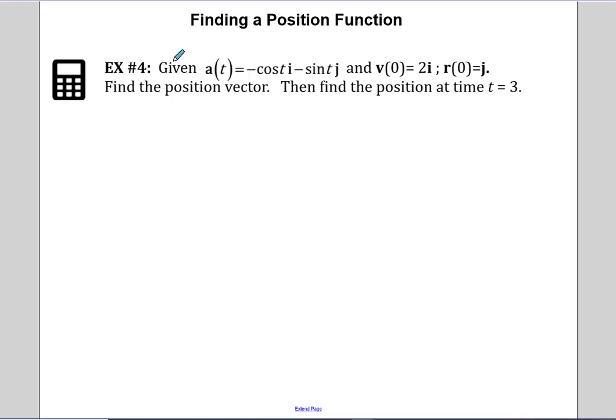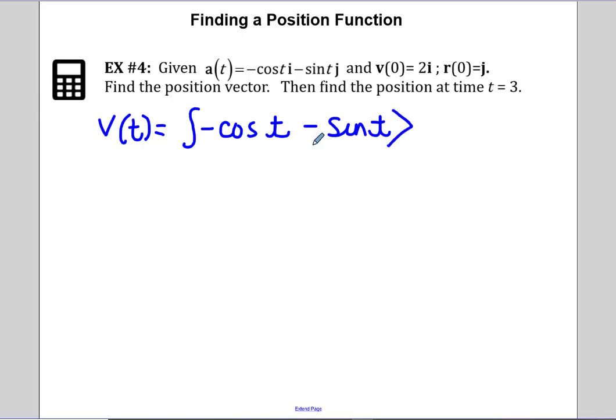If we're given acceleration and velocity and position, we want to work backwards to find the position vector and then find the position of the object at time equals 3. So working backwards, we're going to integrate negative cosine t minus sine t in component form, just for simplicity.